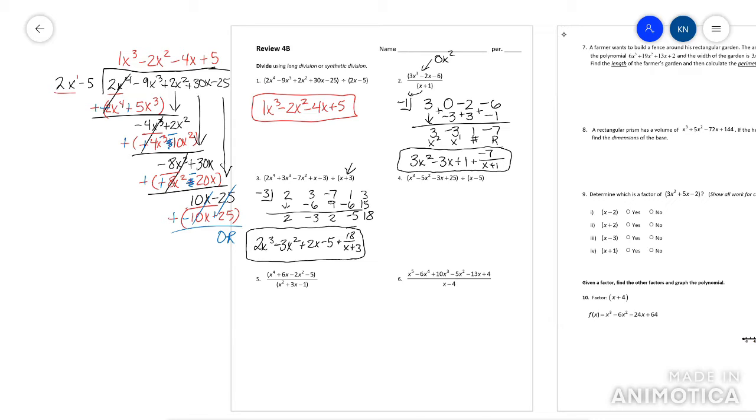Okay, the next one's another synthetic because I'm dividing by something real nice, so same thing. Multiply, combine, multiply, combine, multiply, combine. So this one's x² minus 3 with the remainder of 10 over x minus 5.